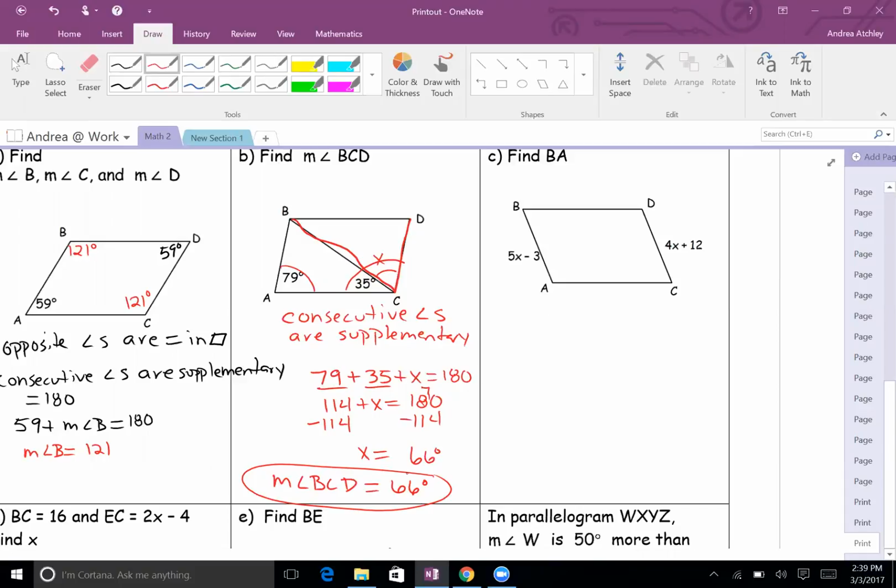John, any idea on how I can set my equation here? Okay, those are sides. And sides don't equal 180, that's only angles equal 180.